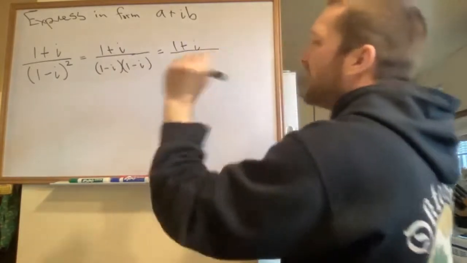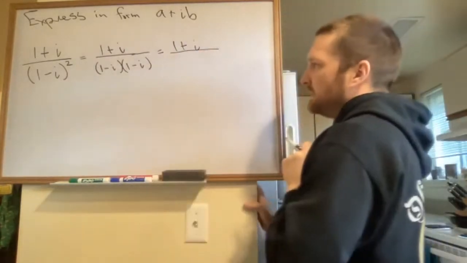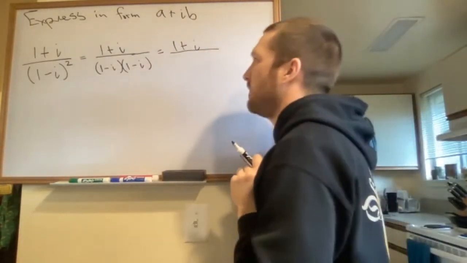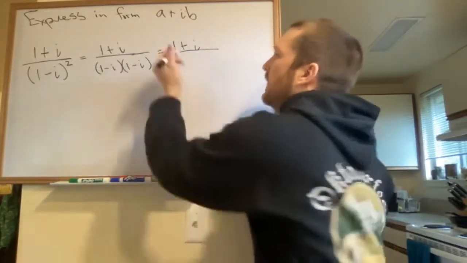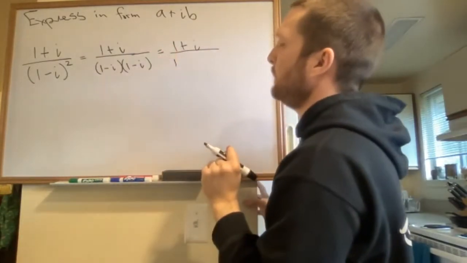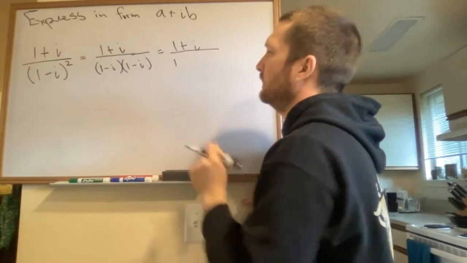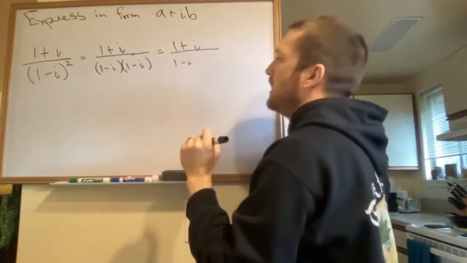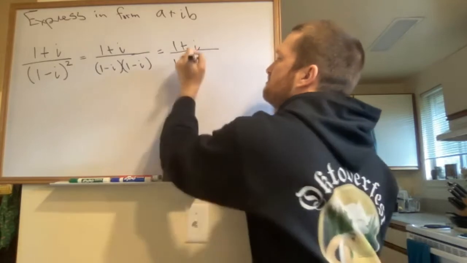And so, what do we get? First, outer, inner, last. 1. And then minus i. Minus i.